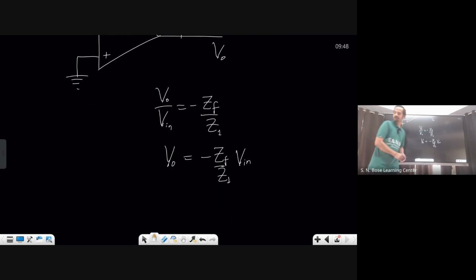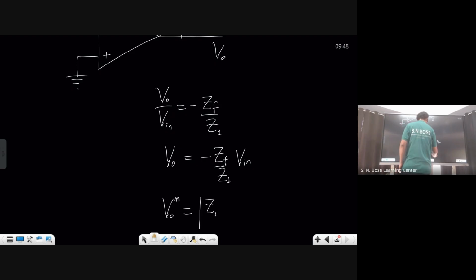But for peak values, V naught peak value is equal to mod of ZF by Z1 into V in peak value. Peak or RMS values are related by this, but if one goes to peak, the other need not go to peak at the same moment. That is handled by this complex number.